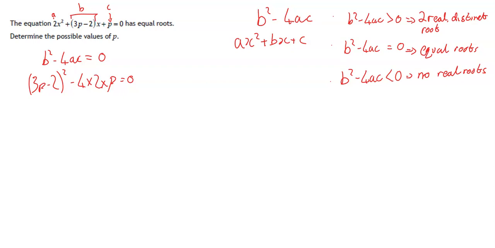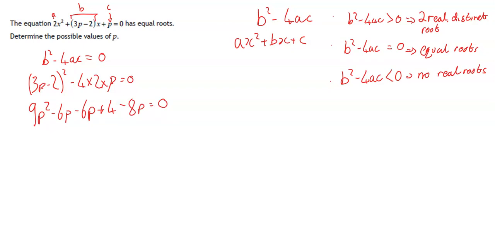So let's expand it, let's get it written in the proper quadratic form, and let's see where we go from there. So doing that, what I end up getting is 9p squared minus 6p minus another 6p plus 4, then minus 8p is equal to 0.